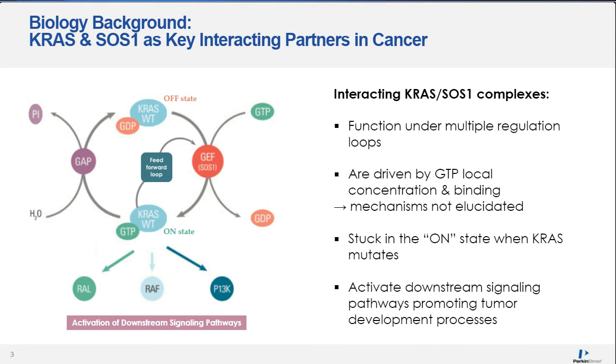The interaction between GDP-KRAS and the catalytic site of SOS1 leads to GDP release. An allosteric binding site also exists, functions as a positive feedback loop, and binds GTP-KRAS more strongly than GDP-KRAS, promoting activation of SOS1 catalytic activity upon KRAS binding.